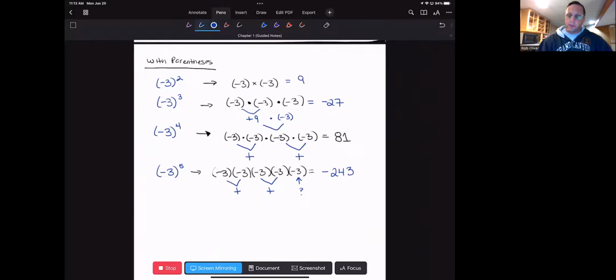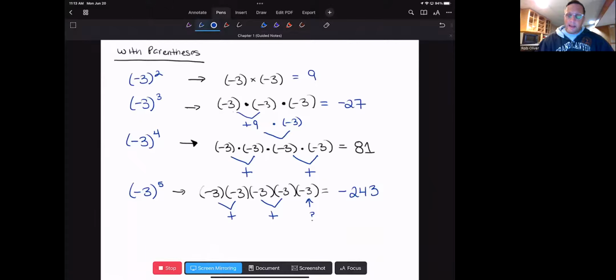The thing I want you to notice here is the exponents. We've got 2, 3, 4, 5. If we group those into even or odd powers, you'll notice something.